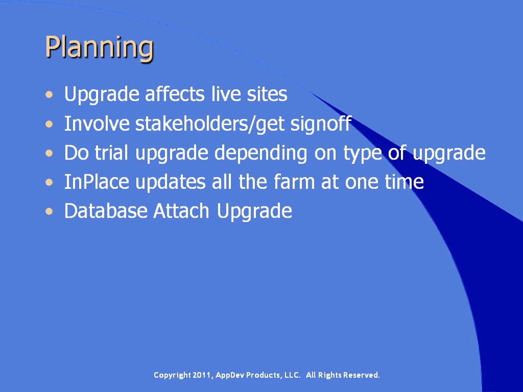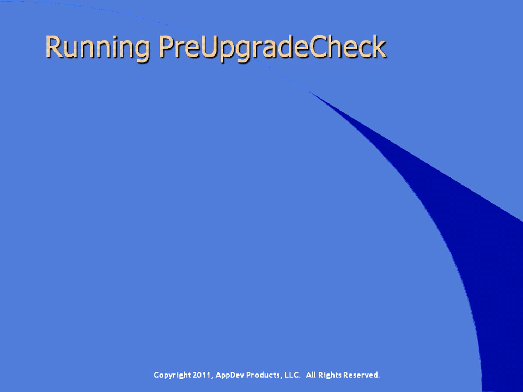The PreUpgradeCheck utility identifies problems in WSS and MOSS content databases that would cause upgrade processes to fail. You must resolve all of these problems before you can begin the upgrade. If your 2007 SharePoint environment has Service Pack 2 installed, it has expanded the STSADM utility to include the PreUpgradeCheck command.